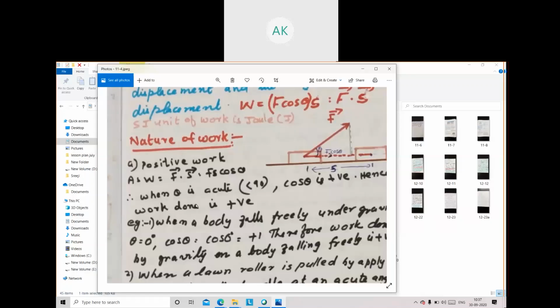Is the work done positive or negative? Ria, can you tell what is the answer? Positive or negative? Work done by me.